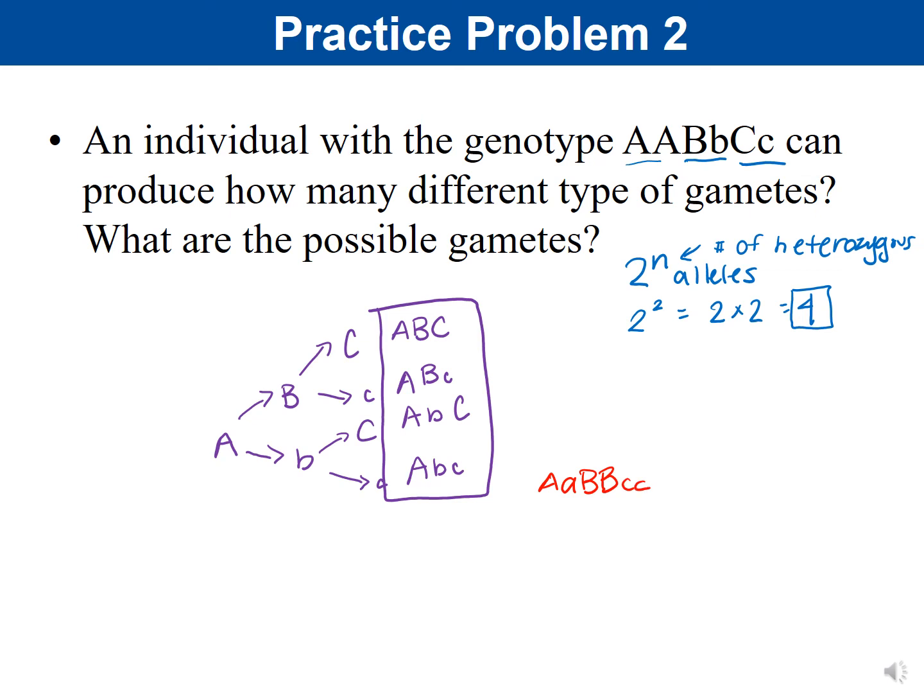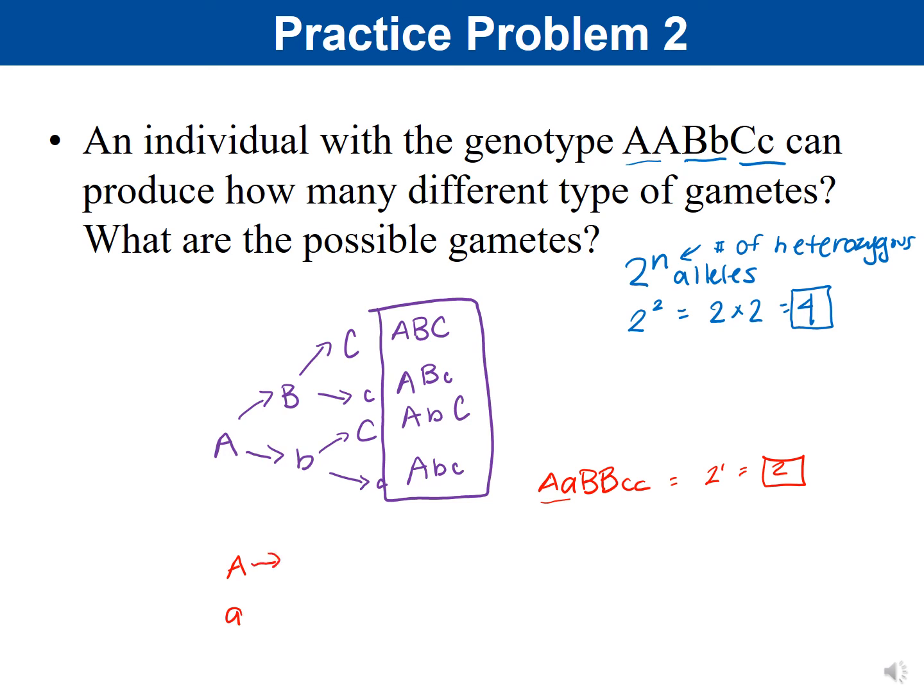So what you're doing for this is, again, if we just need the number, there's only one heterozygous pair. So 2 to the first power, there's 2 possible gametes. Let's look at what they are. We're going to start, there's 2 choices, big A or little a. Those are my 2 choices.